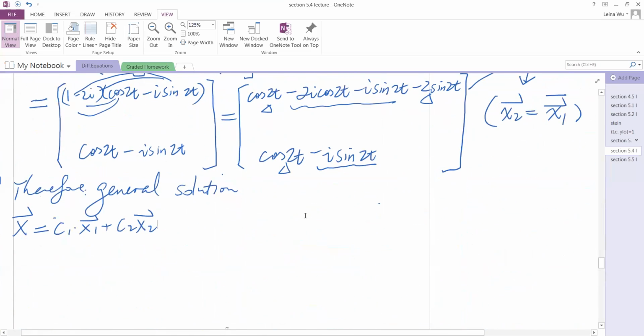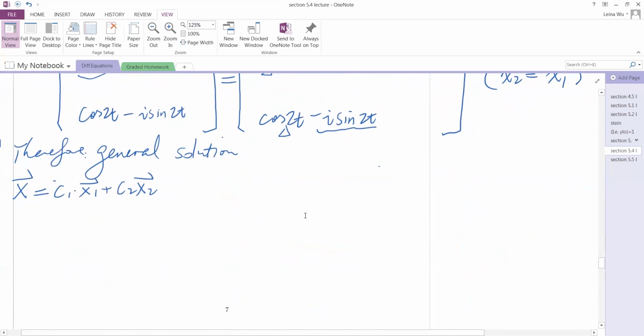I'm going to do a little bit of symbolic work here. Because we've used A, B, C, D already, let's say x1 is E plus iF, and then G plus iH.